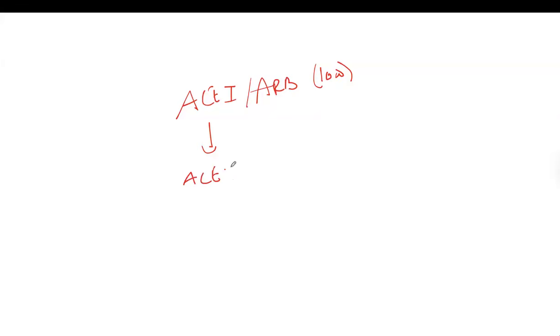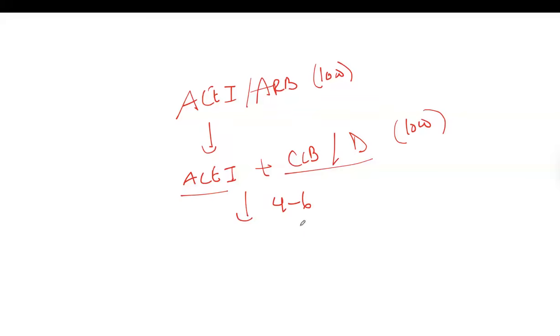So you add ACE inhibitor or ARB plus a CCB or diuretic, and both of them are in the low dose now. After 4 to 6 weeks, nothing much happening, still blood pressure is high. Then you gradually increase the ACE inhibitor every 4 to 6 weeks to the maximum dose. If it's still not getting down, then you increase the CCB or diuretic.